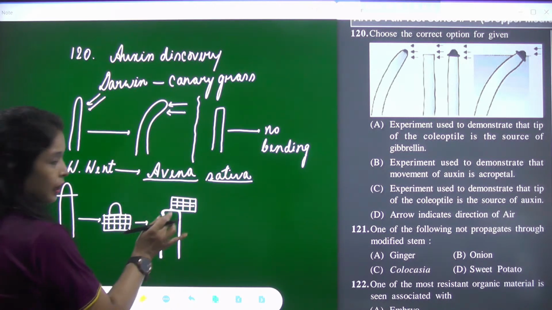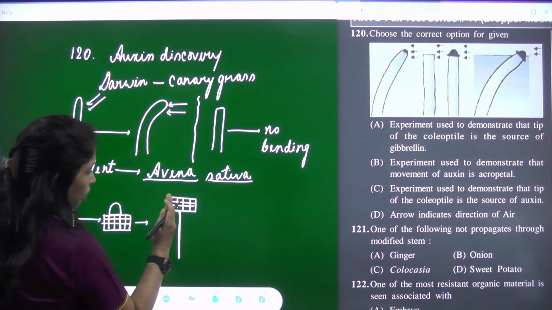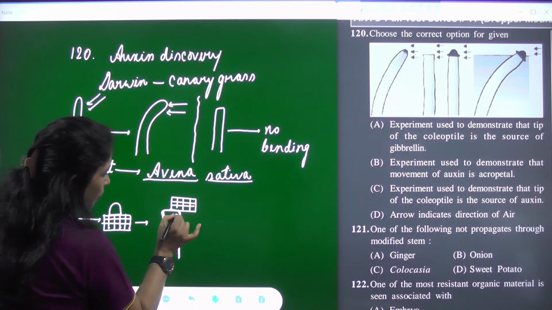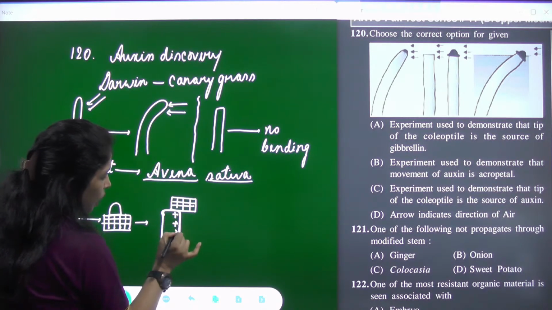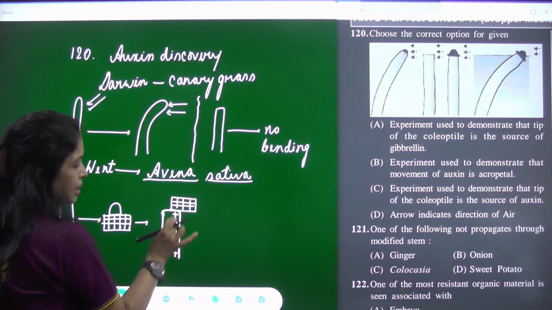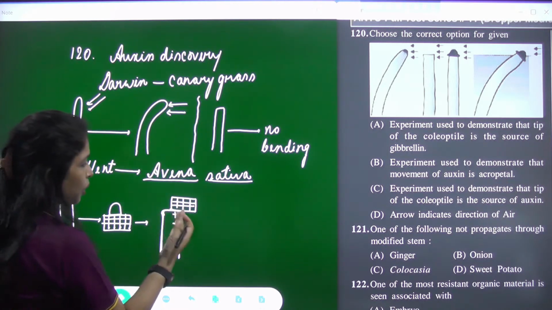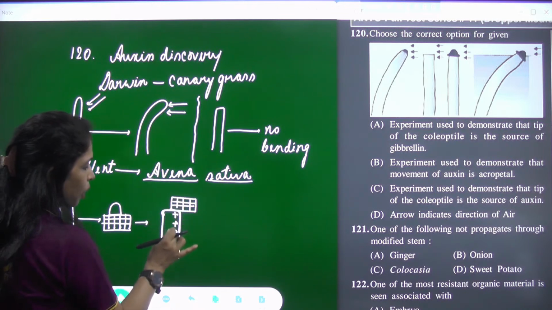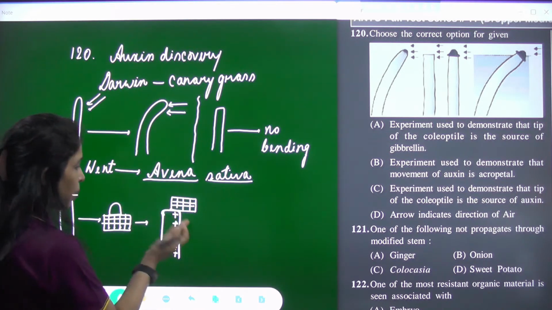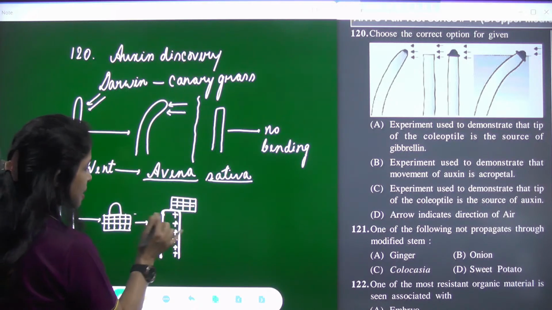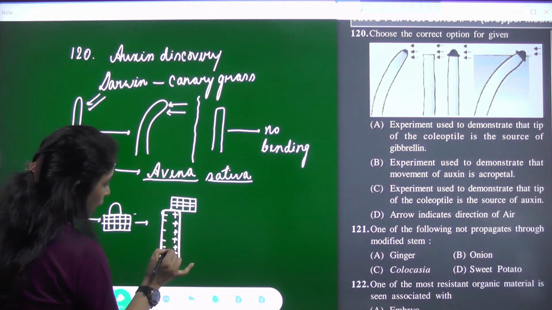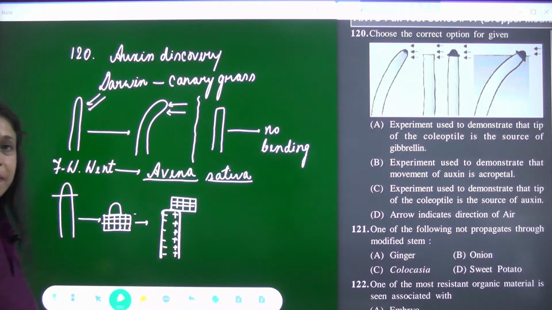The side of the stem having the agar block will translocate that growth substance, but the other side of the stem will not have that growth substance.